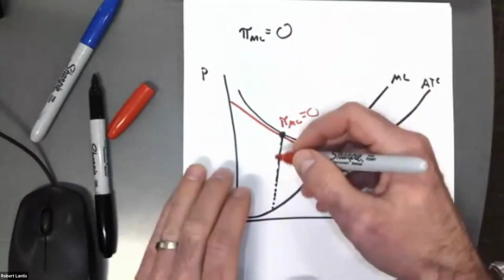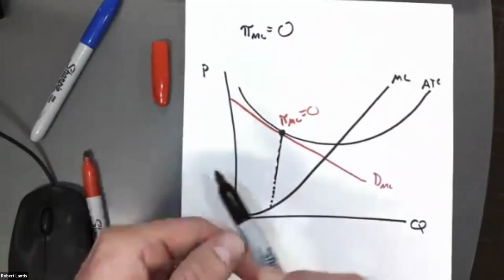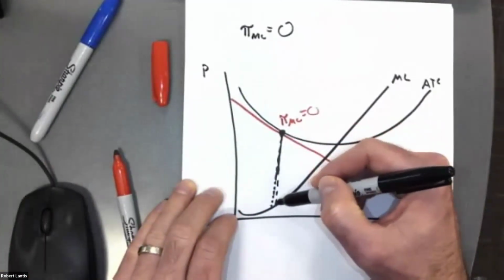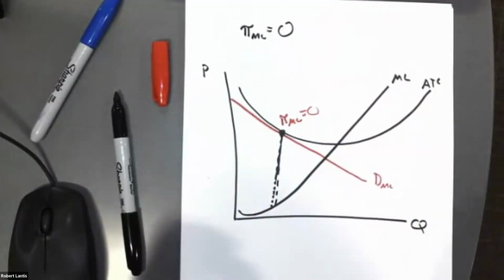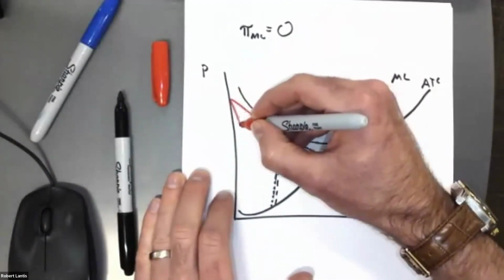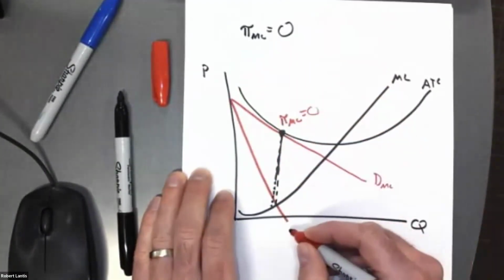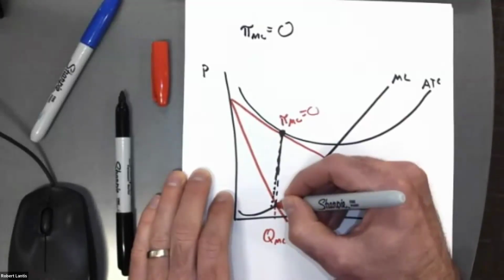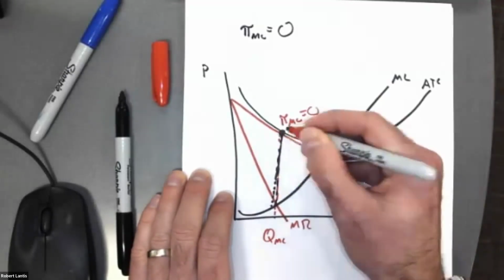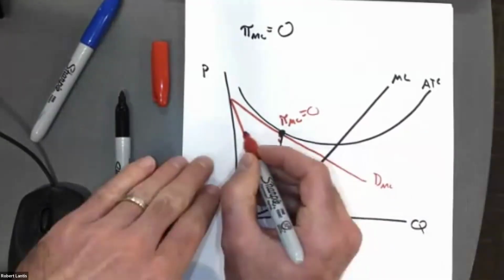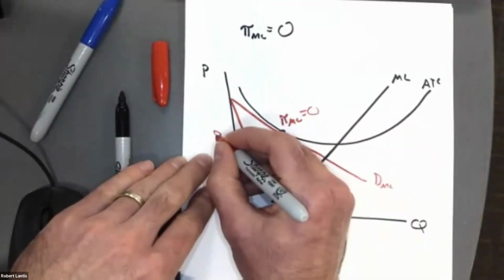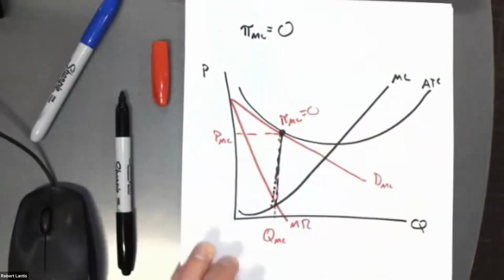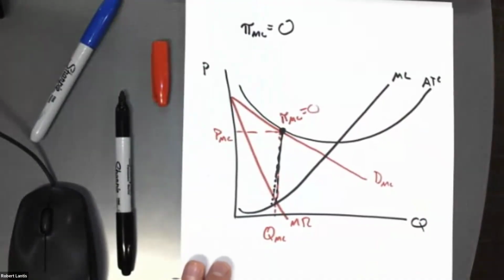Sorry, I drew this a little bit wonky here, but if this was a straight line down, there we go. What should be true is that marginal revenue should hit my marginal cost at a quantity where, when I go up to that demand curve, the price that I set is exactly equal to my average total cost.